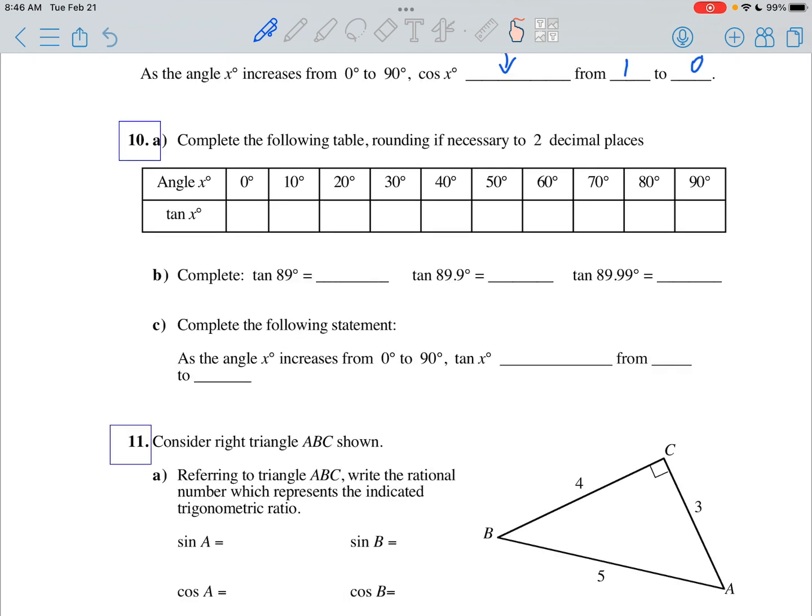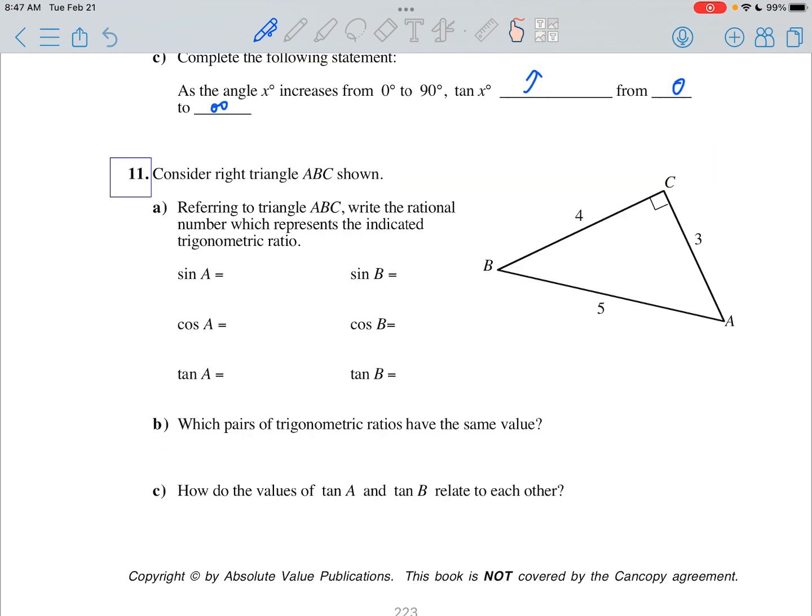And for the tangent, for example, if the degree is close to 90, then for opposite divided by adjacent, the adjacent tends to be 0, so it's kind of not defined. And for C, complete the following statement: as the angle x increases from 0 to 90, the tangent x increases from 0 to infinity.